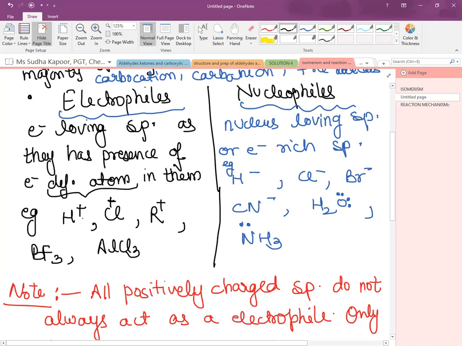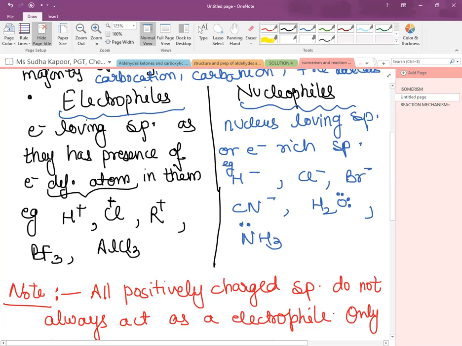Why are they electron loving? They need electrons because they have an electron deficient atom. For example, H positive, Cl positive, alkyl positive, BF3, which is a 6 electron species, and AlCl3 are all considered electrophiles. And nucleophiles are nucleus loving species or electron rich species. For example, H negative, Cl negative, Br negative. So either they usually have a negative charge, being electron rich, or they may be neutral in nature, having a lone pair on them.